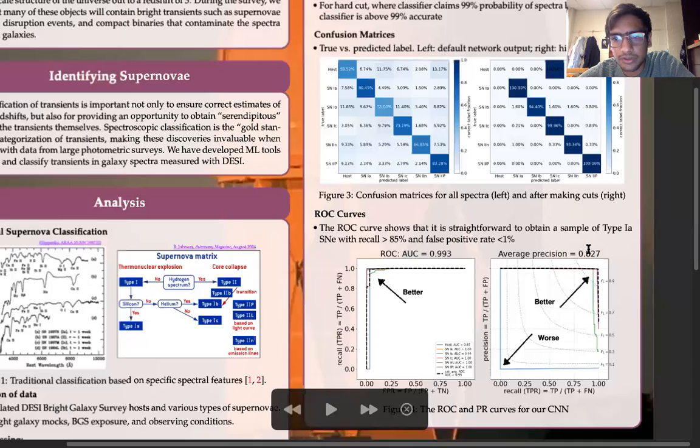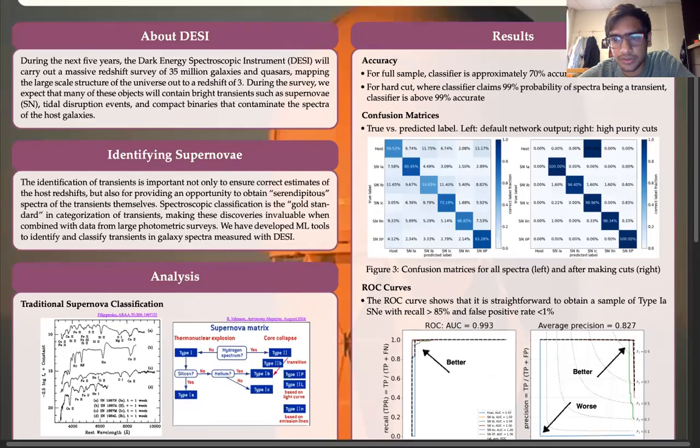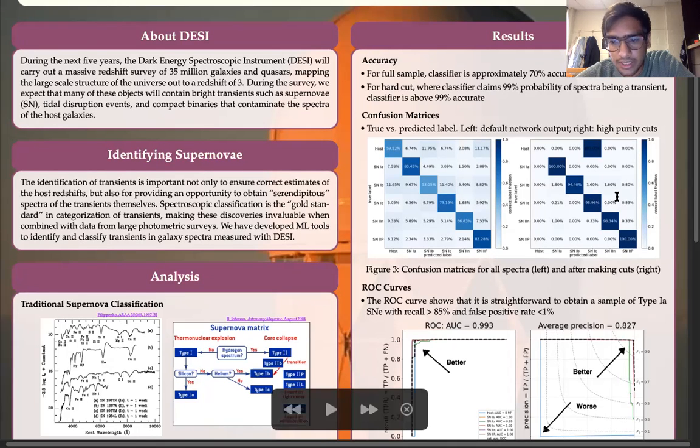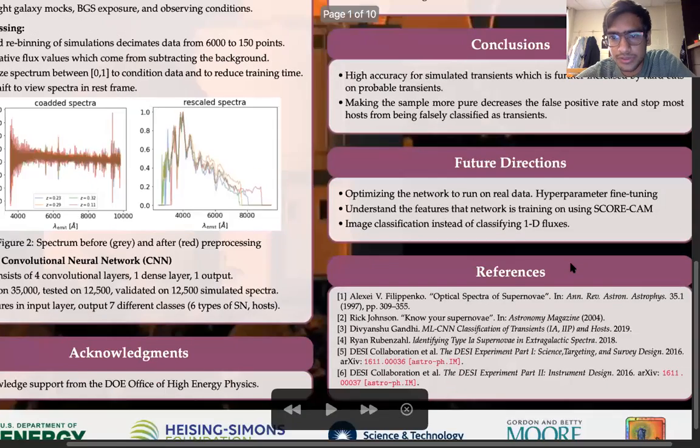We would like to note that once you do make the cut, there's a sort of trade-off between the number of points that you retain, because essentially you're cutting off some data points, and the purity of the sample that you want to get. So that just brings me to the conclusions.